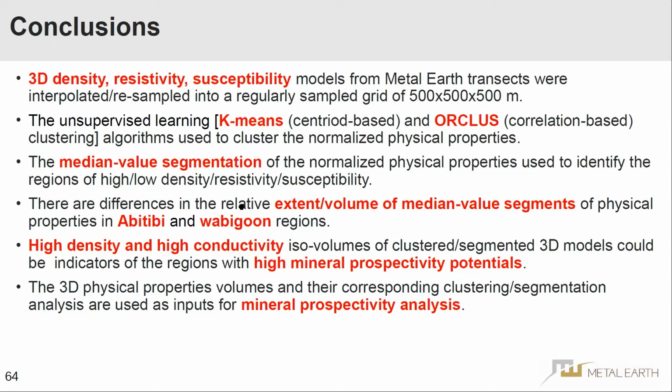So again, I see some differences in relative extent and volume of median value segments in the Abitibi and Wabigoon regions. For a basic first attempt at where we could look for minerals, I highlighted anywhere with high density and high conductivity zones on all 3D models, which might be indicators of regions with high mineral prospectivity.